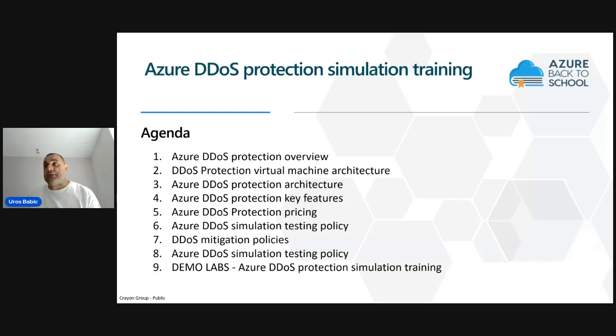That is a very important part of these steps. How to create a standard SKU public load balancer with front-end IP, health probe, backend configuration, and load balancer rule, how to create a NAT gateway for outbound internet access from the backend pool, and finally, how to create some virtual machines.